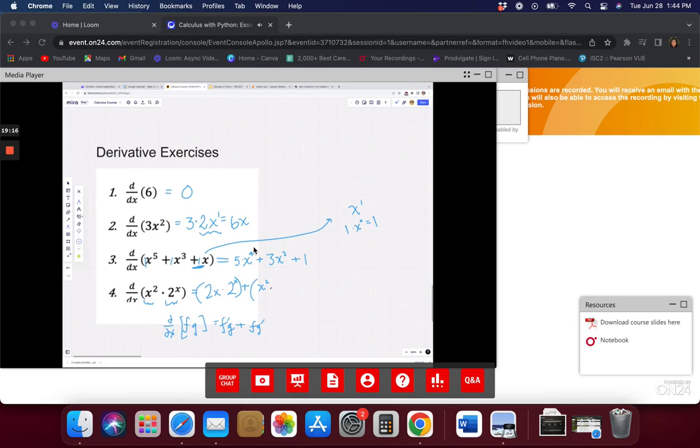Plus x squared times the derivative of this guy. So we saw before, it is just equal to 2 to the x times the natural log of a, where 2 is our a in this case. So we're left with that guy.